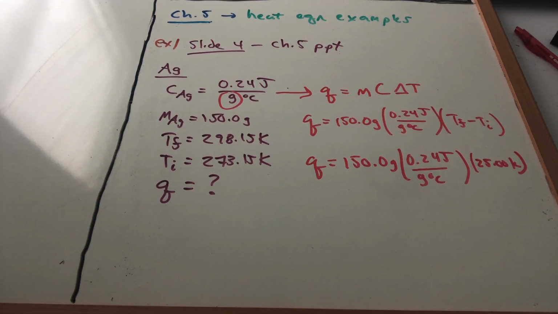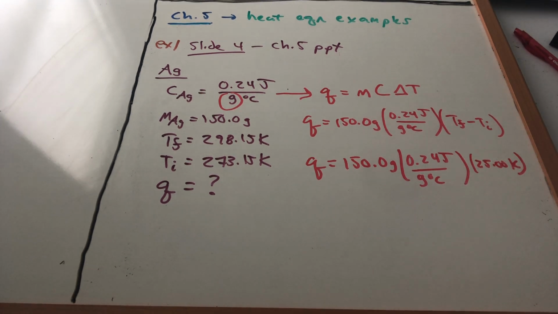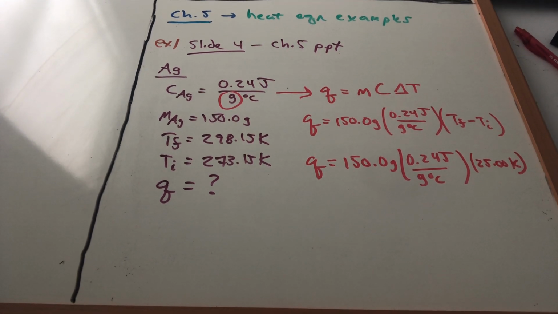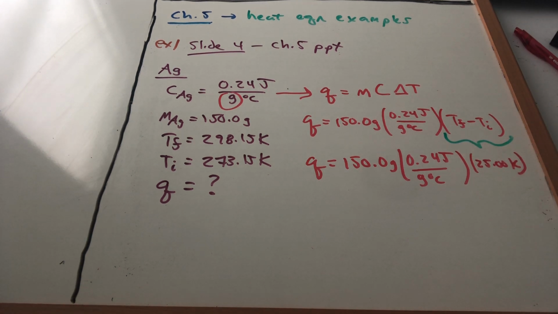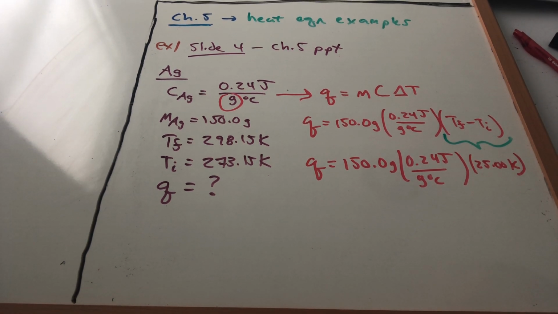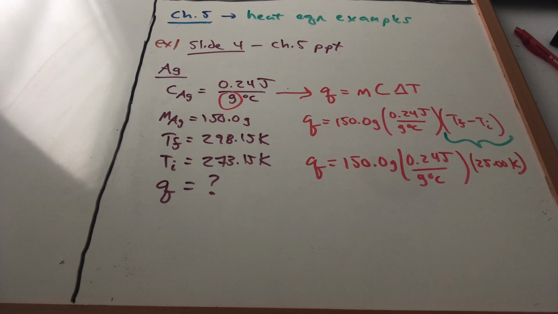Now you might be running into an issue, except I've stressed this a couple times now. You might say, hold on a second, I have degrees Celsius here, I have Kelvin here, I better change those to make sure they cancel out. Remember, this delta T came from measurements in Kelvin, but a delta T in Kelvin is the same as a delta T in degrees Celsius.